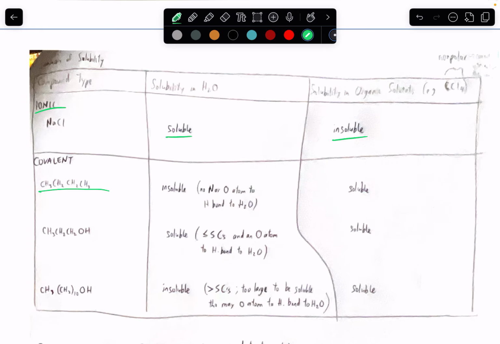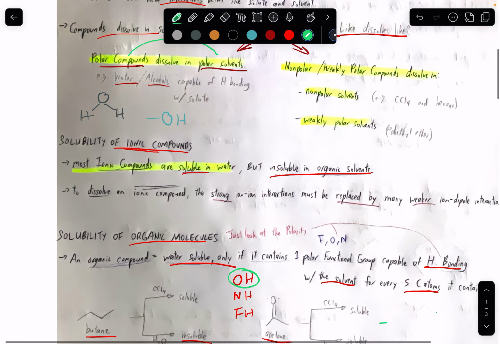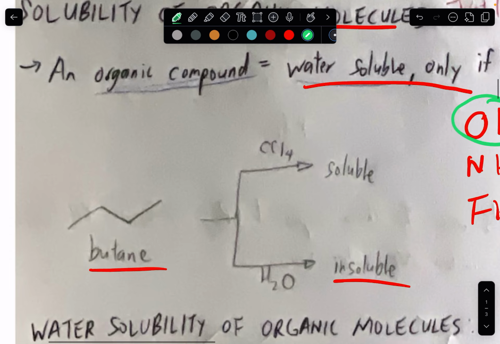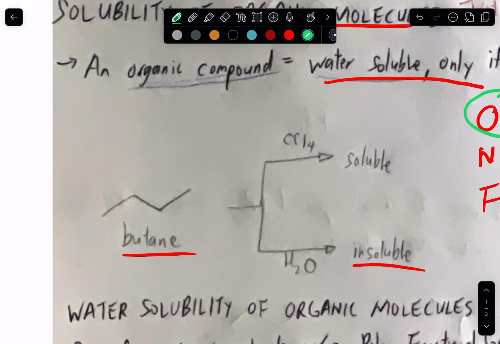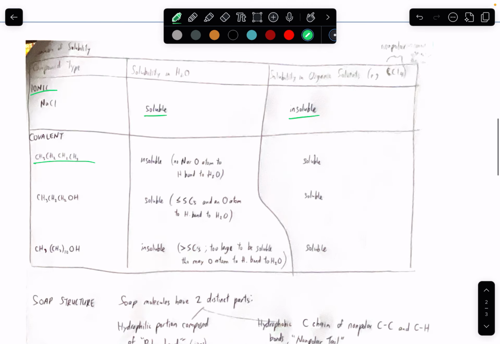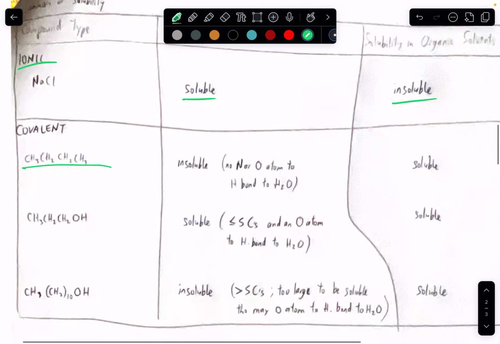So, one example to that is yung butane. Butane natin, walang heteroatom. So, there's no way that hydrogen bonding could be done to water. So, insoluble. Kapag naman merong O atom, or let's say N atom or F atom, pwede mag-hydrogen bond basically.